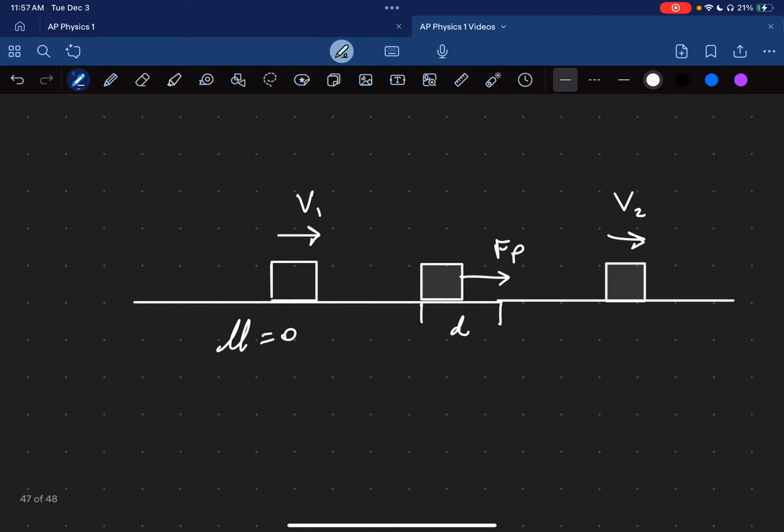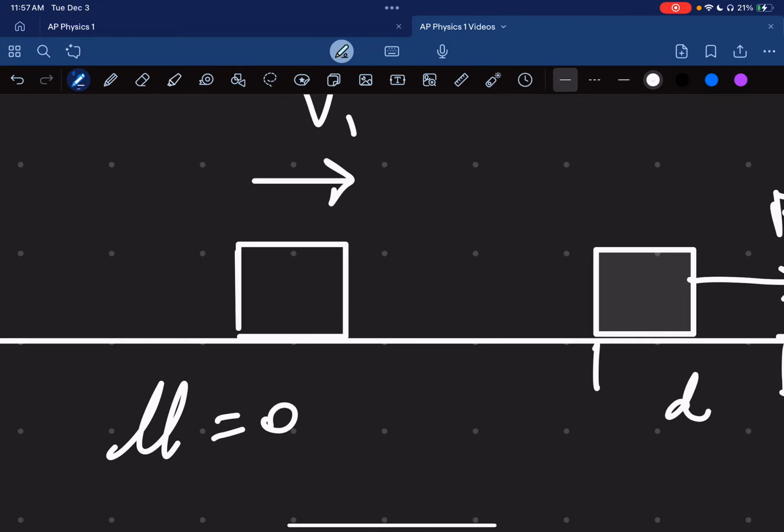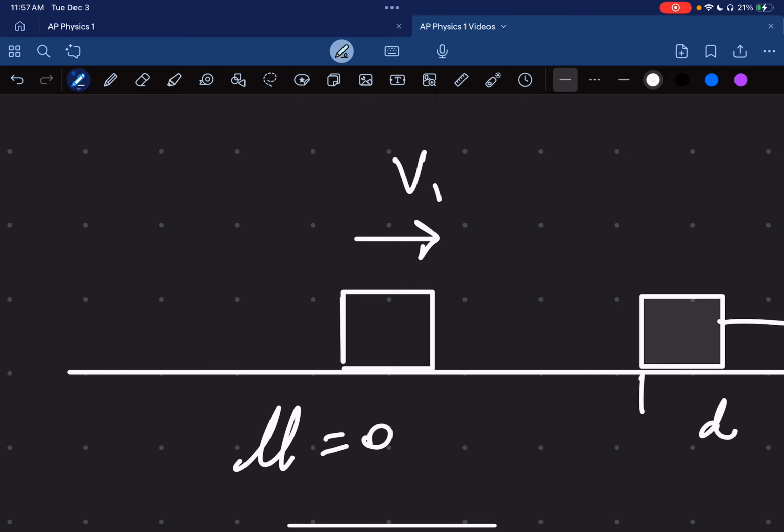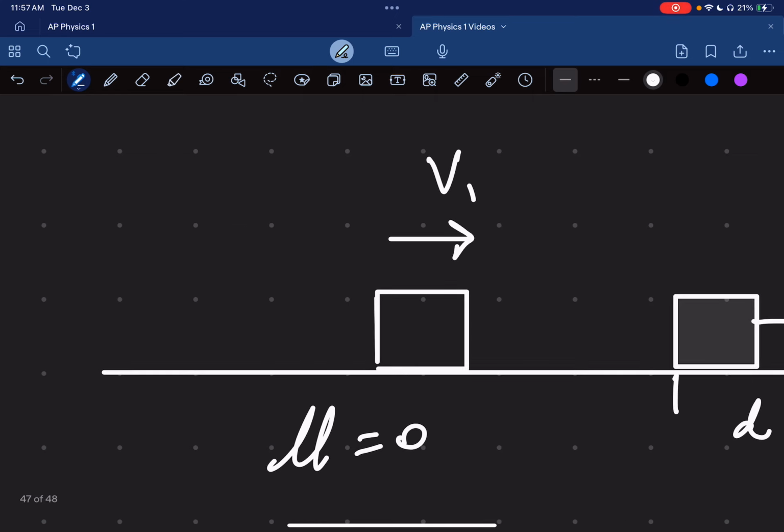Before we do an example, I'll just illustrate what work is. Let's say you have a block sliding on a frictionless surface, so the coefficient of kinetic friction is 0, and it has some speed v1. Just imagine it has some speed to it.